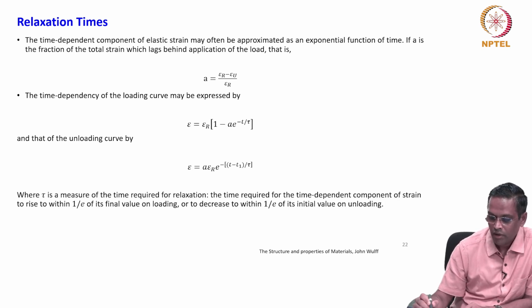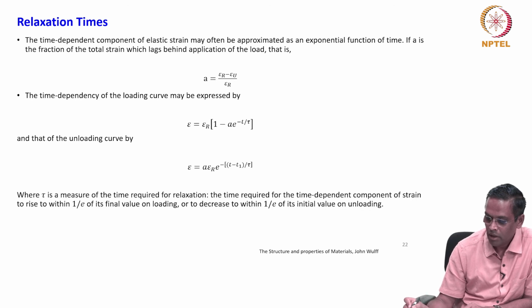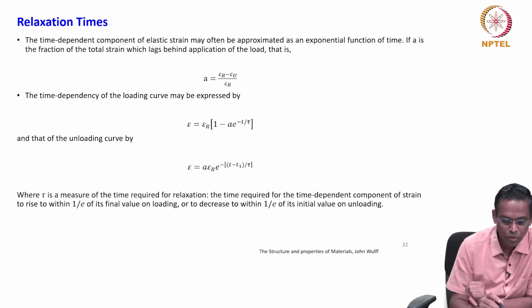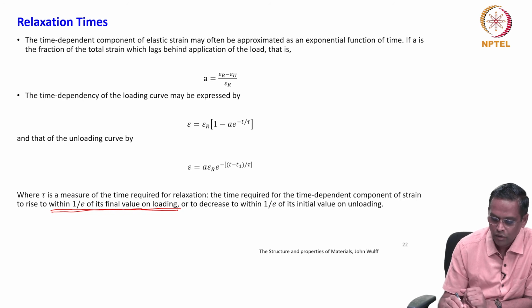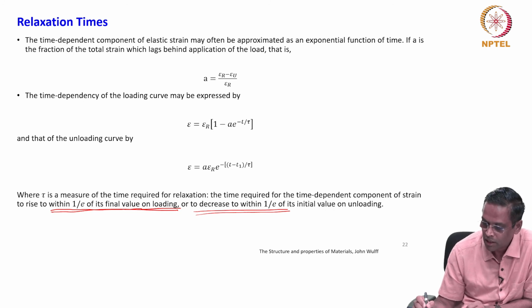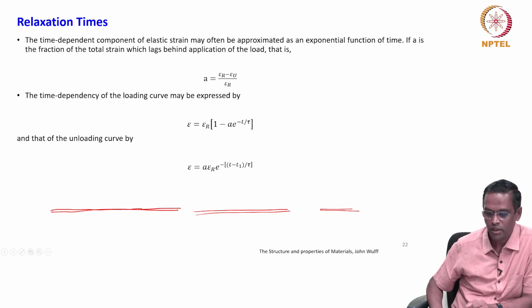The time required for the time dependent component of the strain to rise to within 1 by E of its final value on loading, or to decrease to within 1 by E of its initial value on unloading. So, what is the meaning? That is what is shown in that figure.